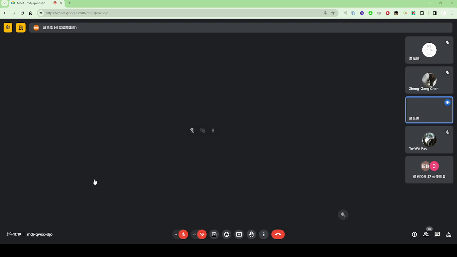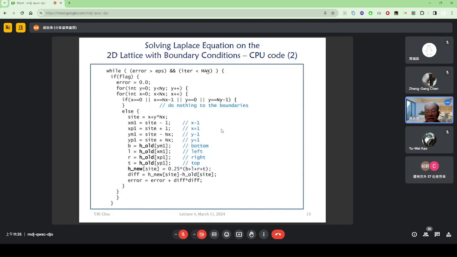Either it is a solution or you have a bug in your code. When the iteration exceeds the maximum number of iterations, then you exit, but it does not give you the correct answer if you have a bug in your code.